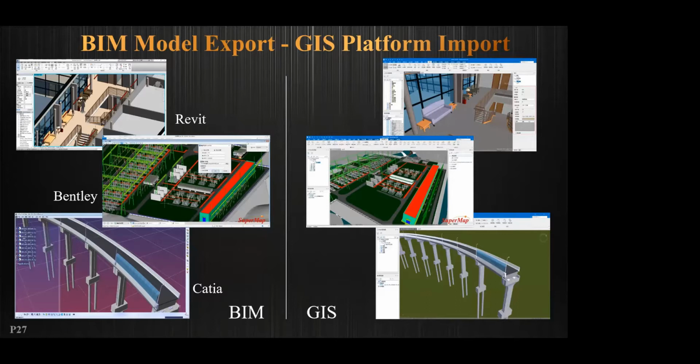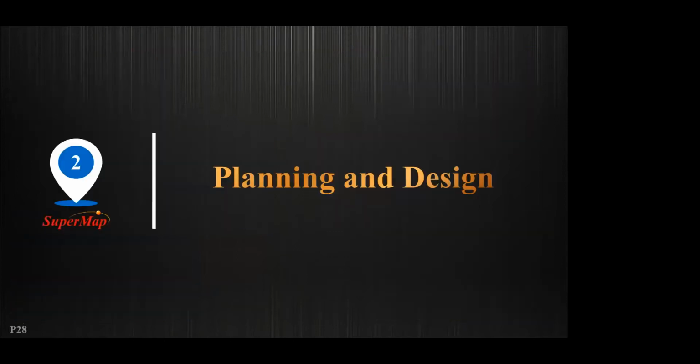Such as we can see the model in Revit and the corresponding model in iDesktop, the model in Bentley and the model in iDesktop, the model in CATIA and in iDesktop. So they can all stay the same between GIS and BIM software.